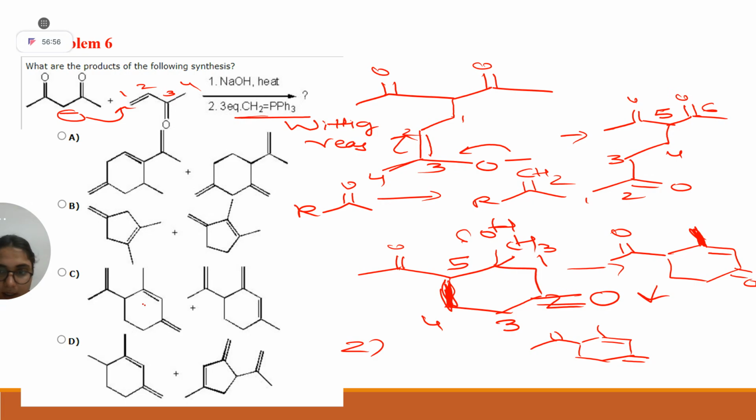Yes, they are para, and one methyl is also there. So is this option present in another option? No, I think no, but you also check with me. Only in option C it is present, right? Can anyone tell me how they have formed this product?